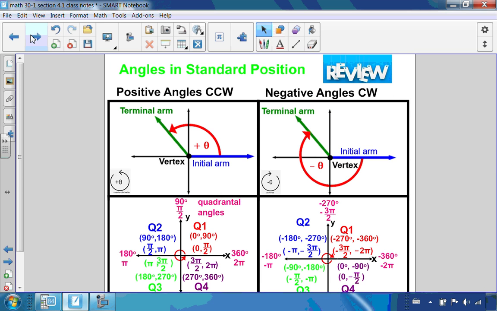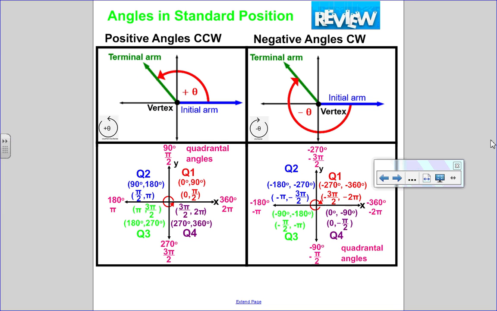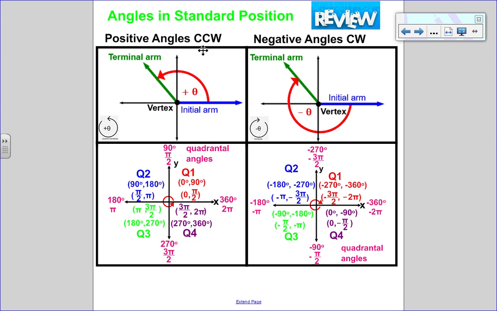So in this part here, I just want to review a little bit of some of the things that we did in 20-1 because they're going to come back into play again. I won't spend a lot of time on here because this is just a review. I want to review that positive angles are measured counterclockwise, and negative angles are measured clockwise. Each of my quadrants is split into sections of 90 degrees, so I go from 0 to 90 to 180 to 270 back to 360.